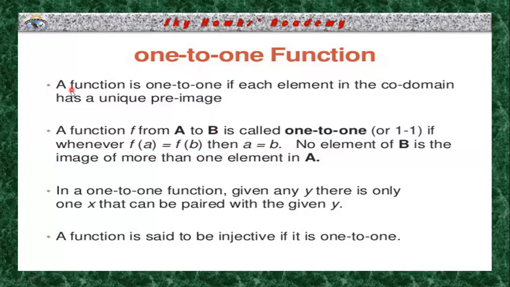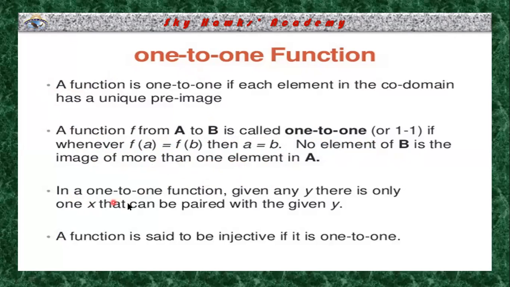So one-to-one, please read this one. Sure. One-to-one function: a function is one-to-one if each element in the codomain has a unique pre-image. A function f from a to b is called one-to-one or one-one if whenever f of a is equal to f of b, then a is equal to b; no element of b is the image of more than one element in a.